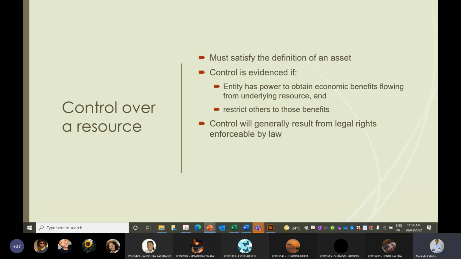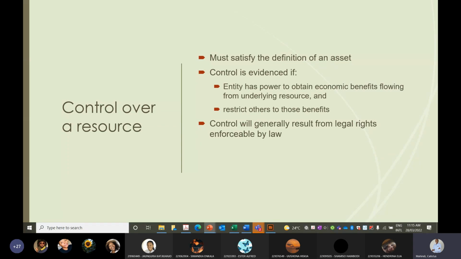Control will generally result from legal rights enforceable by law. For example, the right to fish. All right. So if you have the right to fish, you have control over that intangible asset.